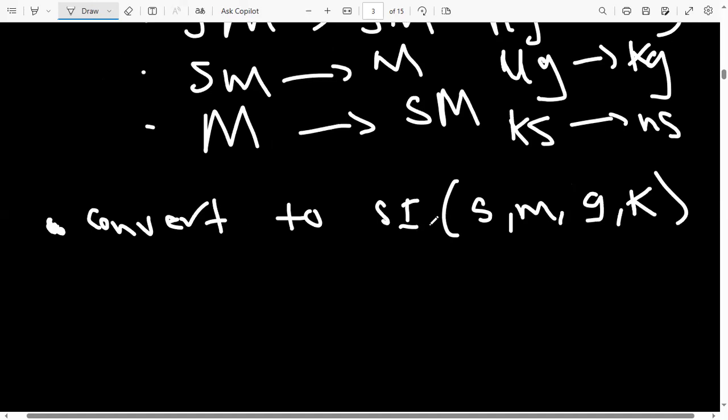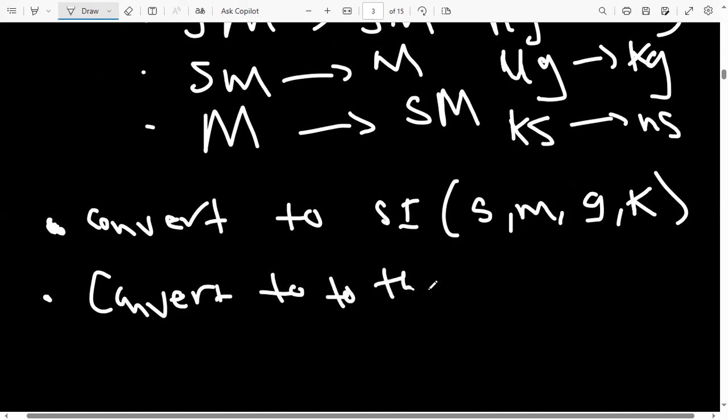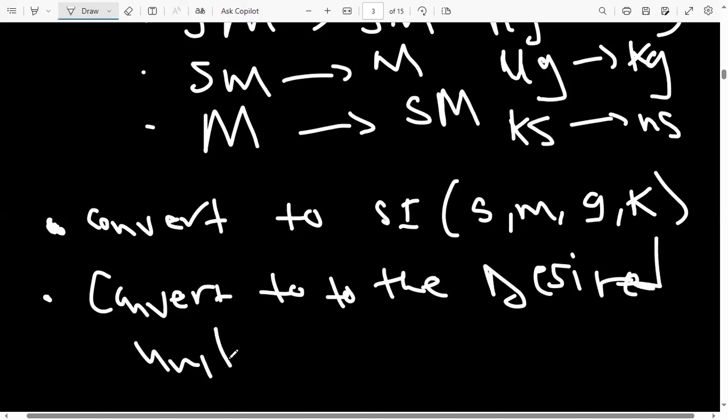So the first step is to convert to the SI unit, and the second step is to convert to the desired unit. So this is the rule here.